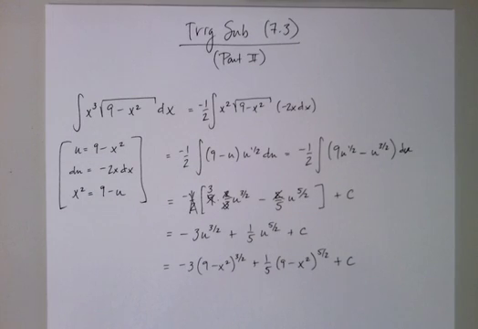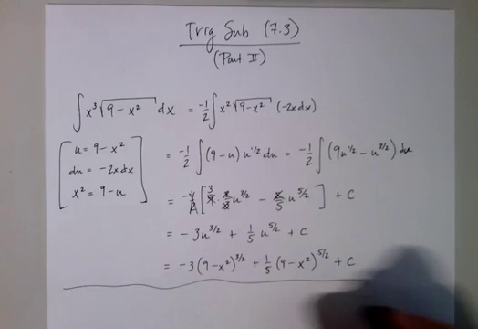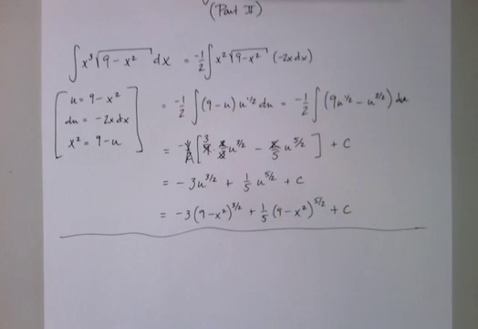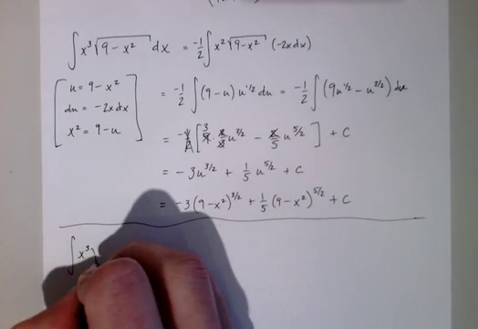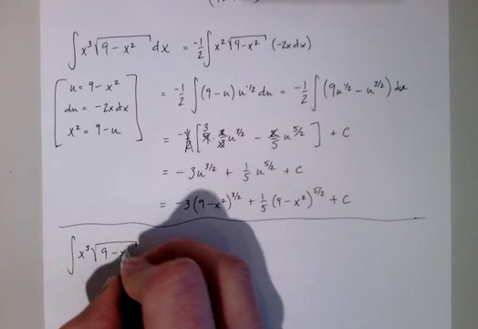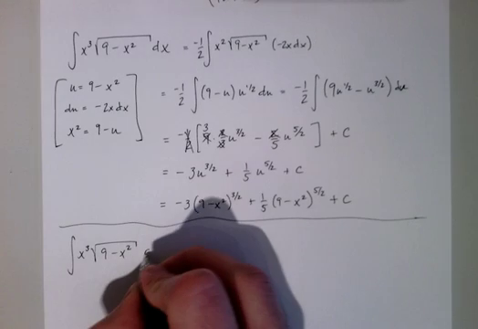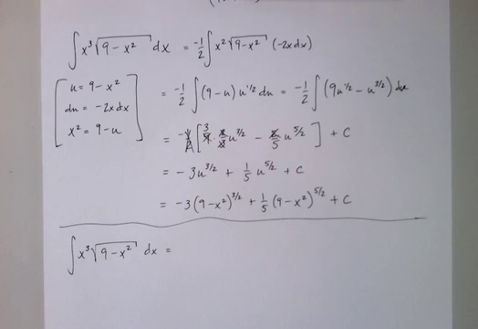But let's pretend we didn't see it. And you can actually do this exact same problem by trig substitution. This was complicated enough, and actually the trig sub doesn't wind up being all that many more steps.